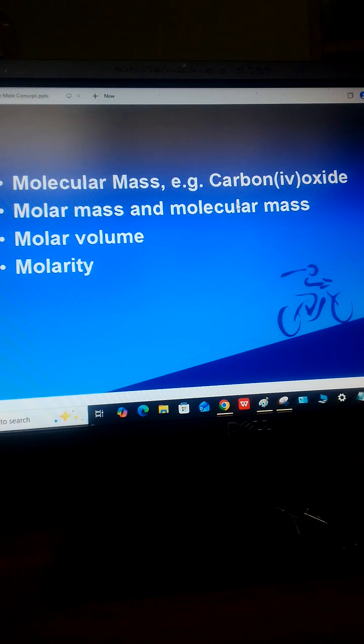You will get 44.0 atomic mass units. So molecular mass is measured in atomic mass units, but molar mass is measured in grams per mole. Therefore, the difference between molar mass and molecular mass is in units. All right? Molar mass is measured in grams per mole, and molecular mass is measured in atomic mass units.